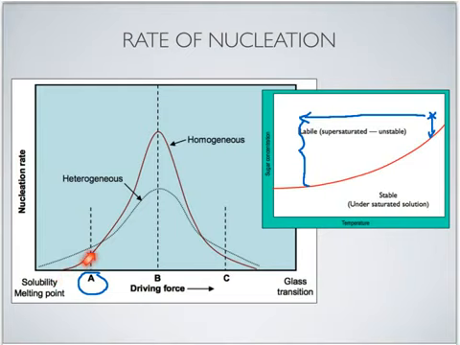Beyond this point, however, the nucleation rate increases dramatically with small increases in the driving force. On the other hand, the heterogeneous nucleation occurs initially at a lower supersaturation driving force, and it will increase rather slowly compared to the homogeneous nucleation.